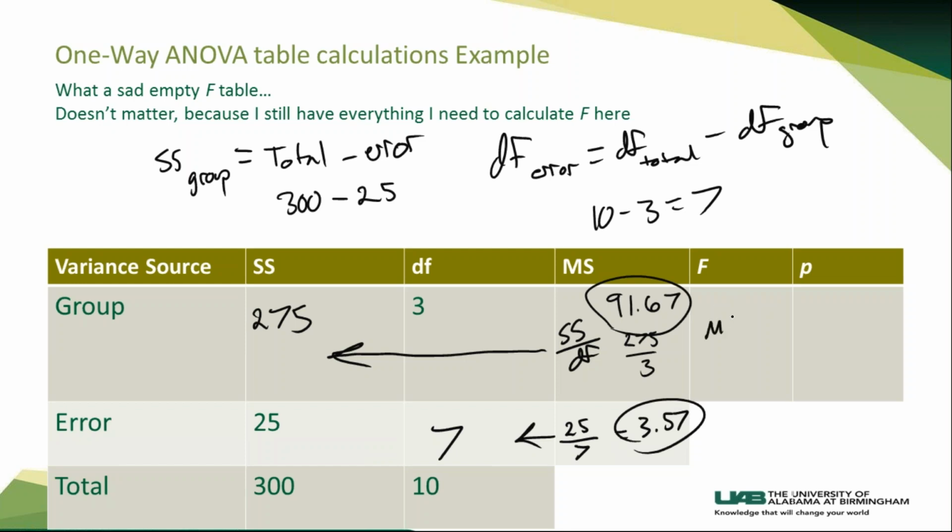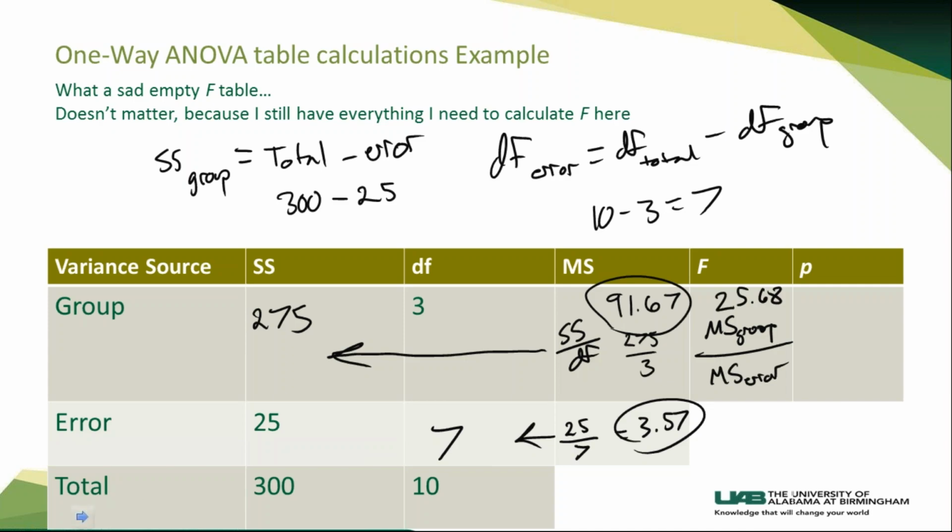So F is just mean square group divided by mean square error. That would give us 25.68, if I did that correctly.